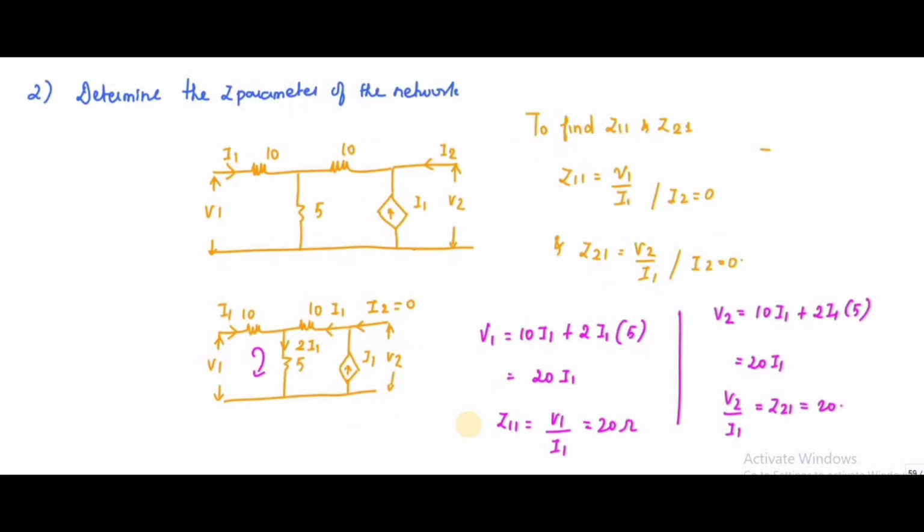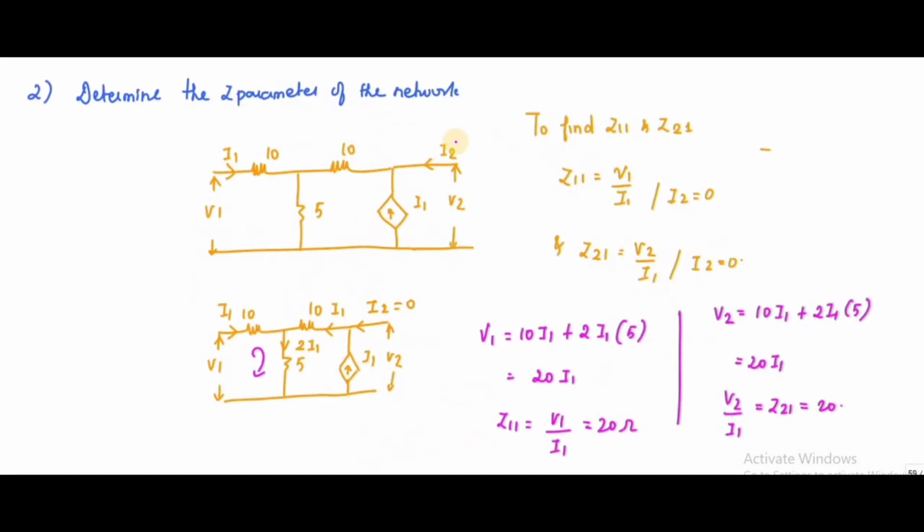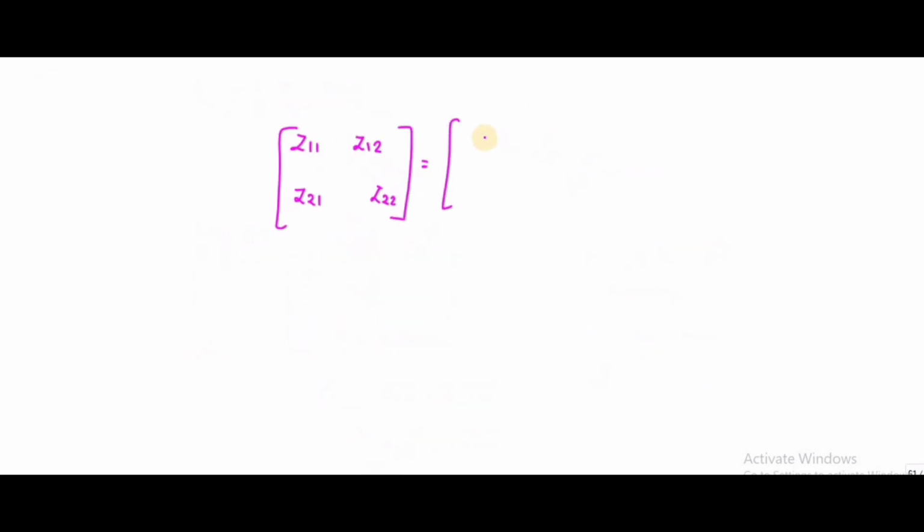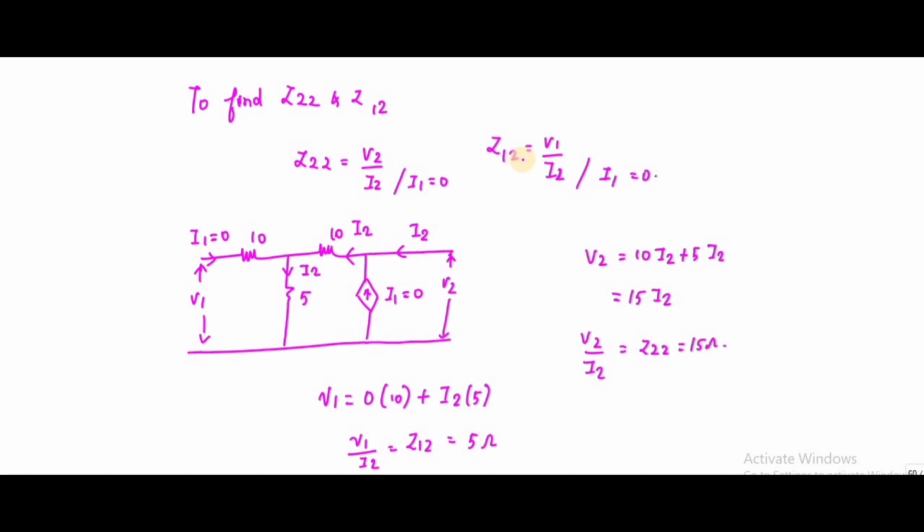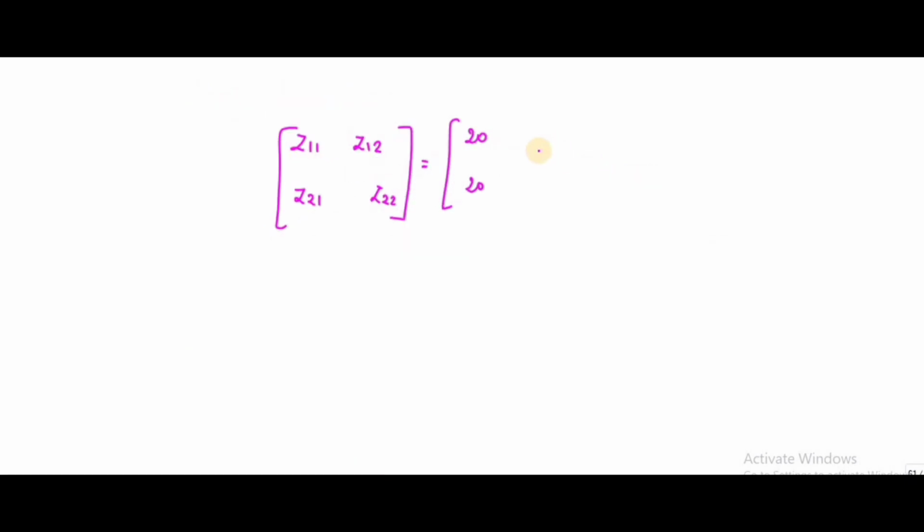Here also you can write the Z parameter in the form of a matrix: Z11, Z12, Z21, Z22 is equal to 20, 5, 20 and 15.